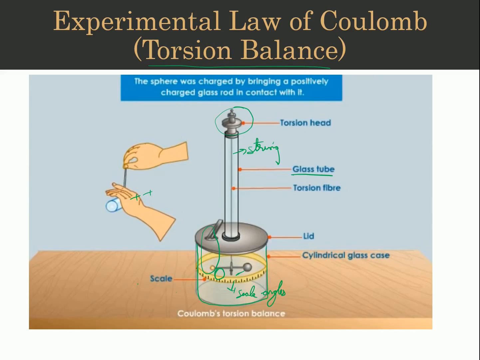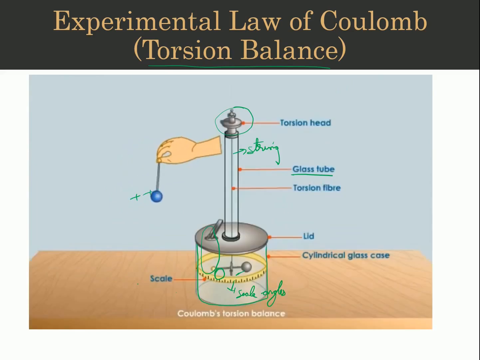Then the needle with the blue sphere was placed back inside this cylinder, and the force of repulsion was noted. As you can see in the animation, the copper bob deflected and the wire started to move, indicating the maximum force it is experiencing from this blue sphere, and the specific angle on the scale was noted. So theta was noted for the first scenario.